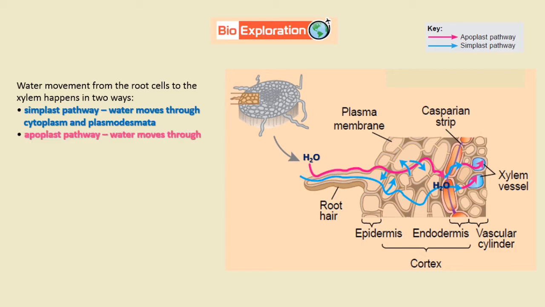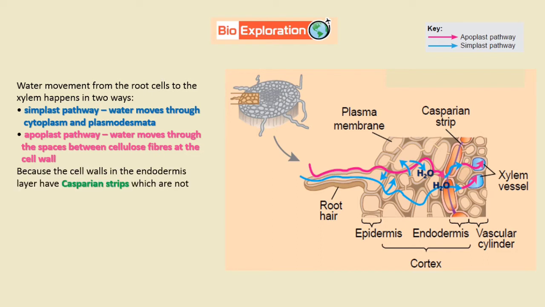Next, the apoplast pathway. Water moves through the space between the cellulose fibers at the cell wall.